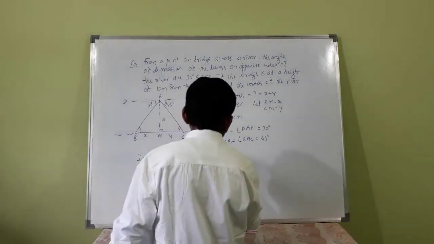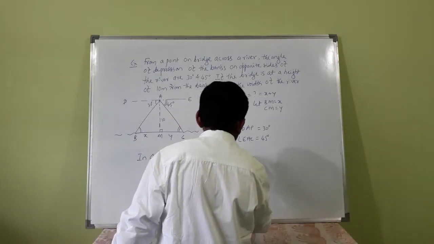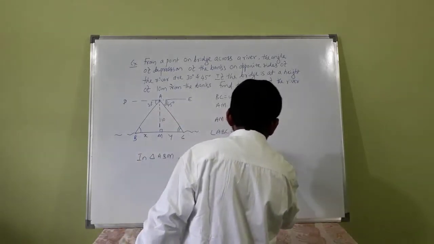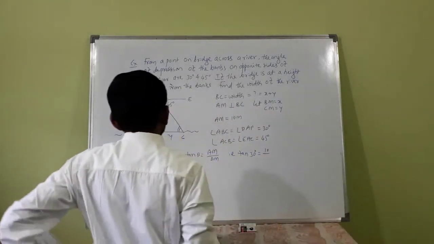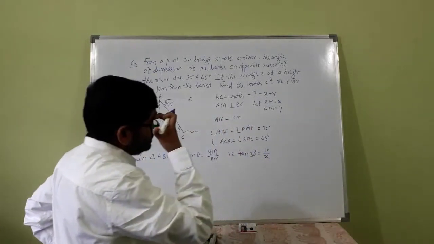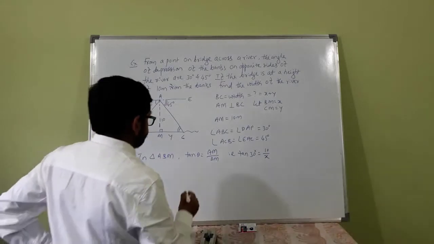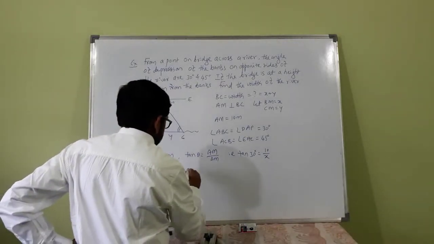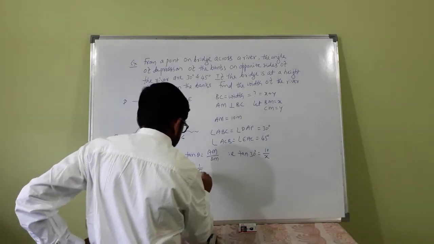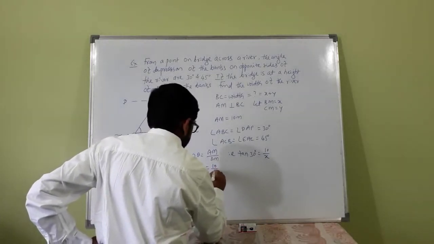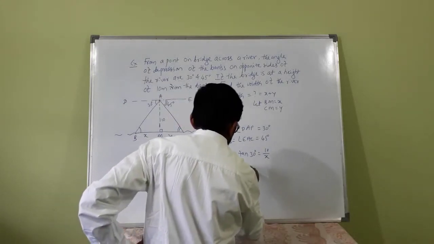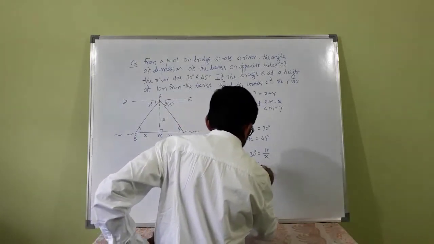That is, tan 30 degree is equal to AM, which is 10, divided by BM, which is X. What is tan 30? Tan 30 is 1 by root 3, which is equal to 10 by X. Therefore X is equal to 10 root 3 meters.